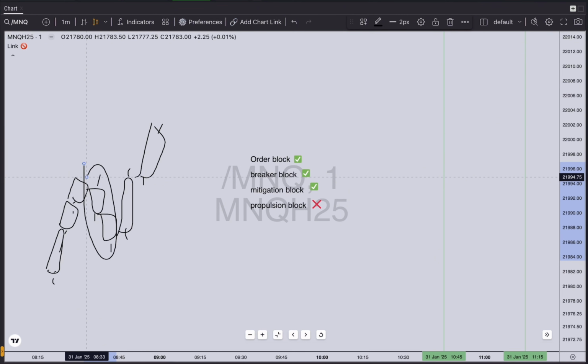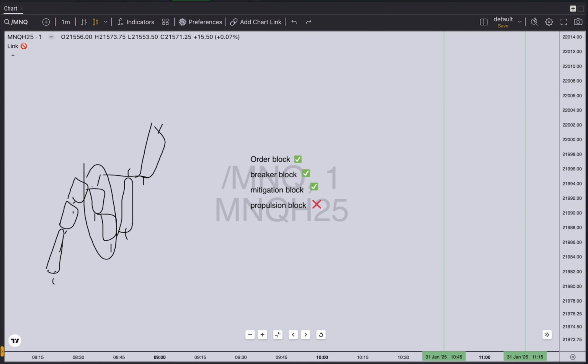A bullish order block is basically as soon as we trade above the highest wick of the down close candle. I don't like talking about the close on these. In order for us to consider an order block, we need to trade above or below the entire thing, including the wicks.